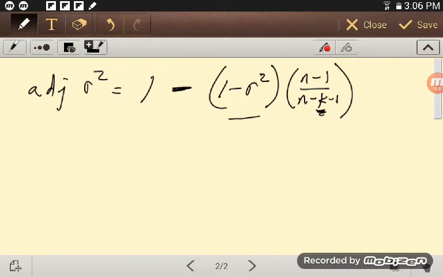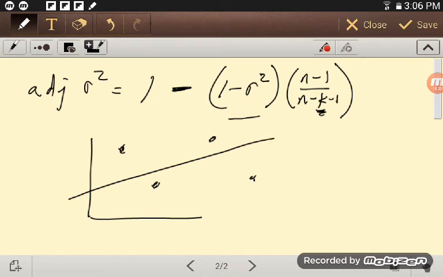And so what you can actually see with working with data and adjusted R-squared is, let's say I just have these 4 data points, and I fit a line with that.